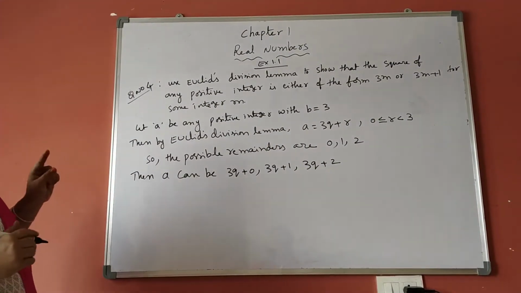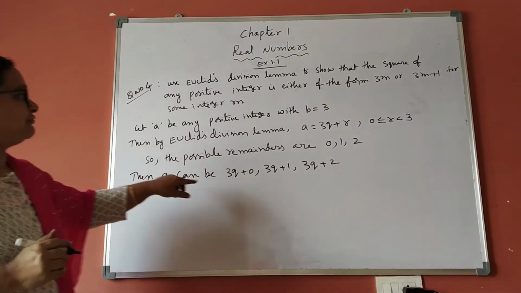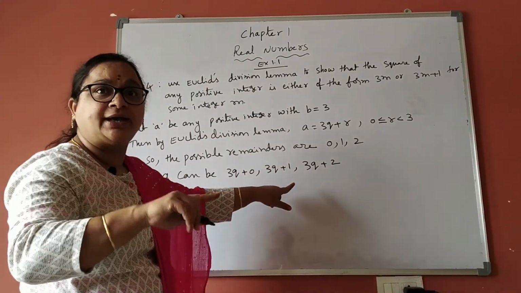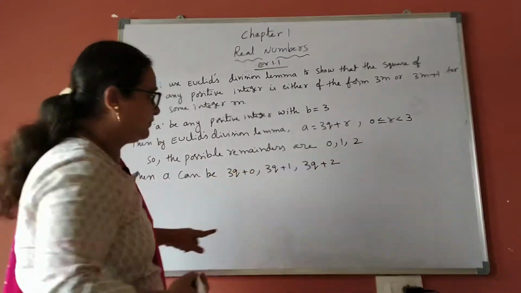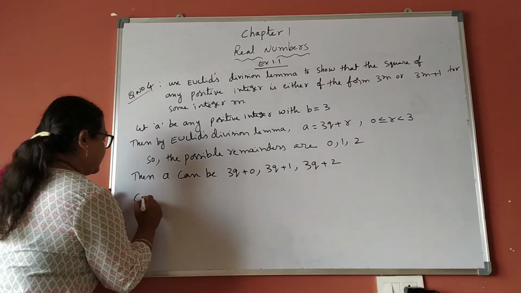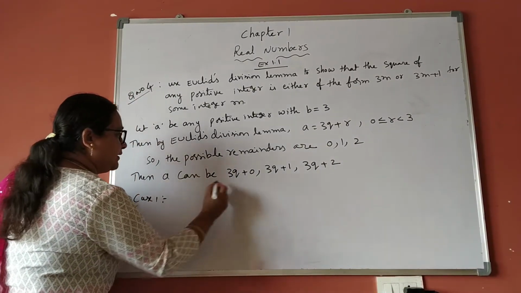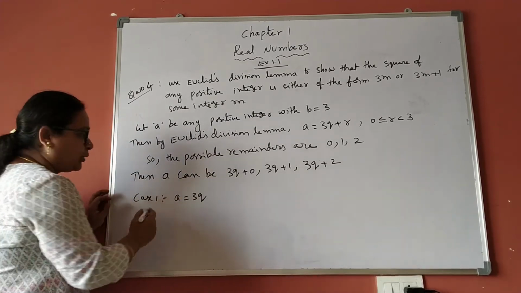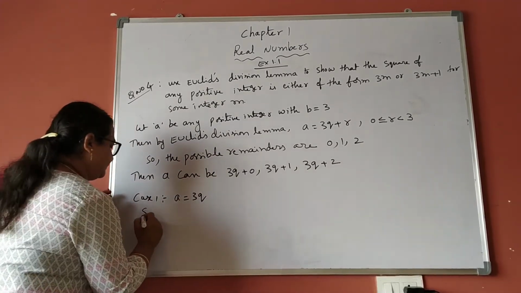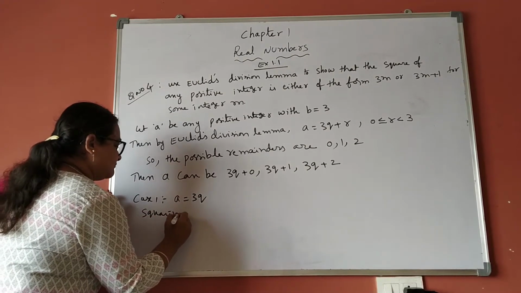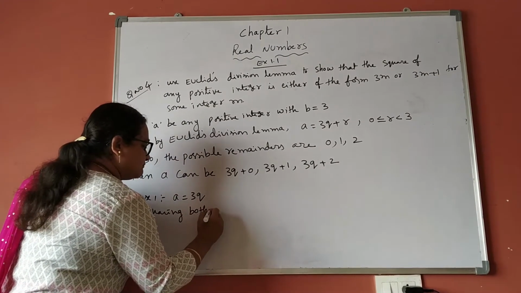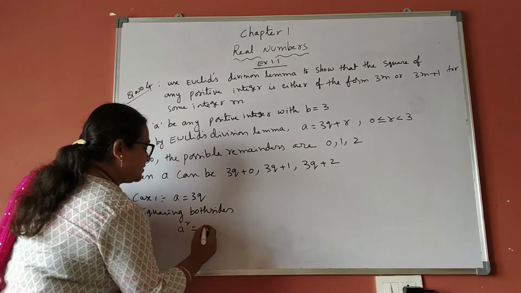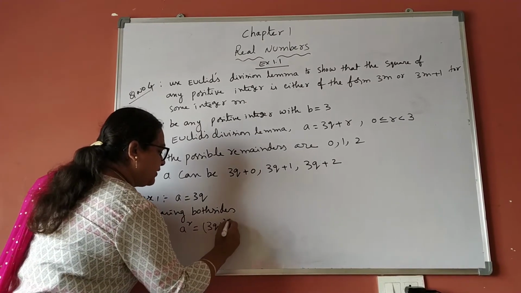Now they asked us to show square of these numbers is either of the form 3m or 3m plus 1. Case 1, a is equal to 3q. Squaring both sides, a square is equal to 3q whole square.